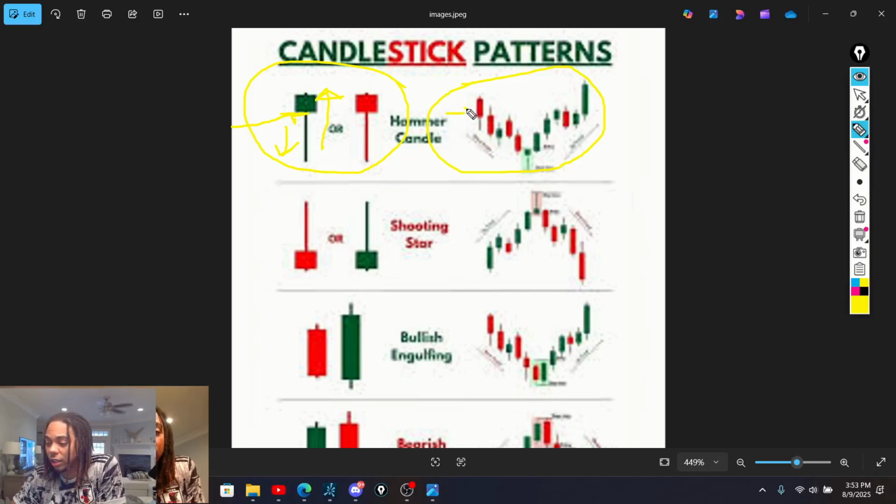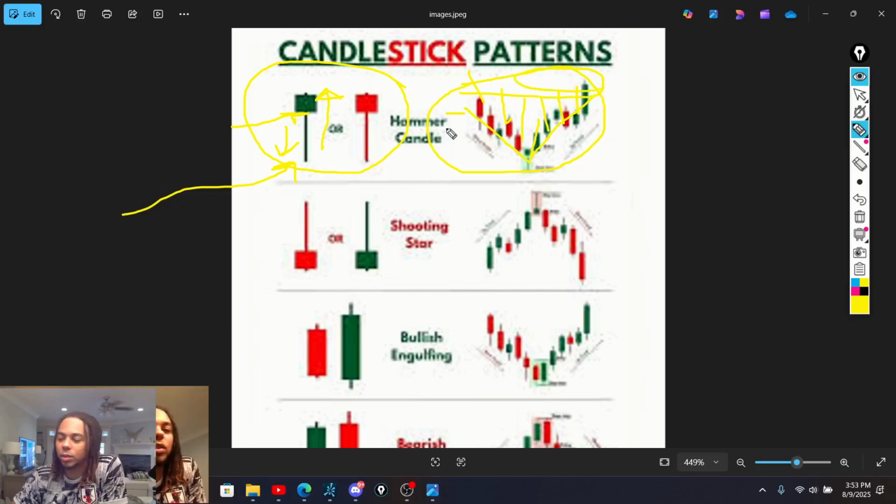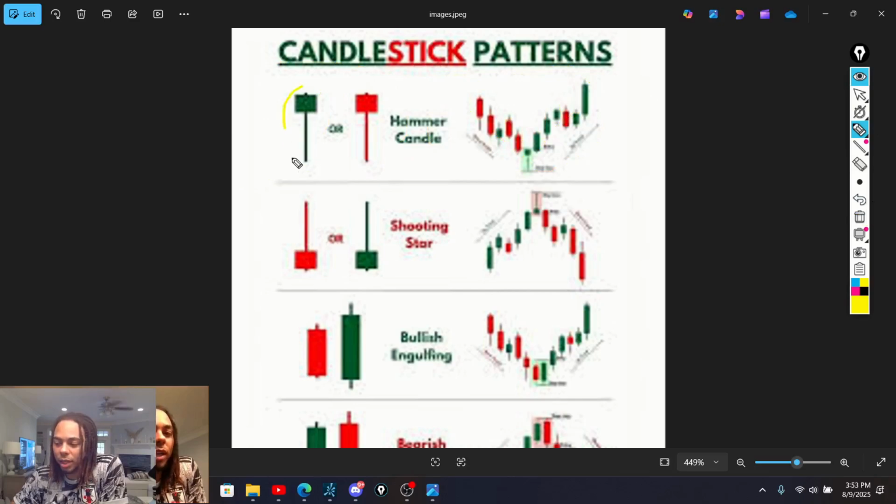It started here, came all the way down, and went all the way back up. So if these candles represented a day right here, then each of these could be an hour. And basically, by the end of the day, it's all the way back at the top. So this candle would represent the day. Or if it was a 15-minute candle, then these would represent the 5 minutes, whatever. You kind of get the drift.